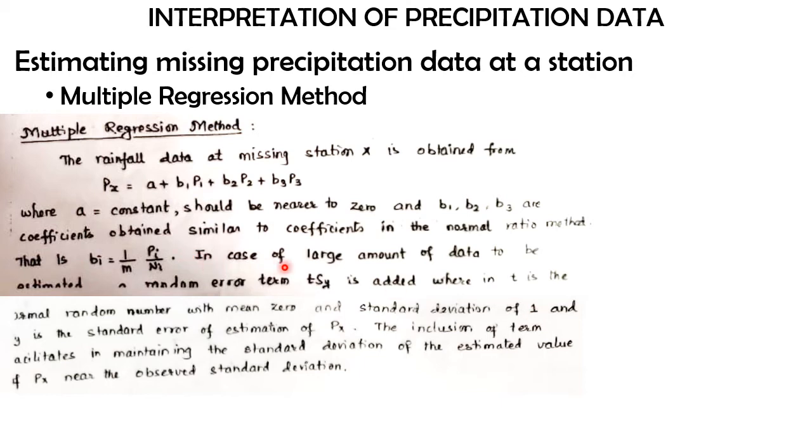In case of a large amount of data to be estimated, a median error term tsy is added, wherein t is the normal random number with mean 0 and standard deviation 1, and y is the standard error of estimation of Px.